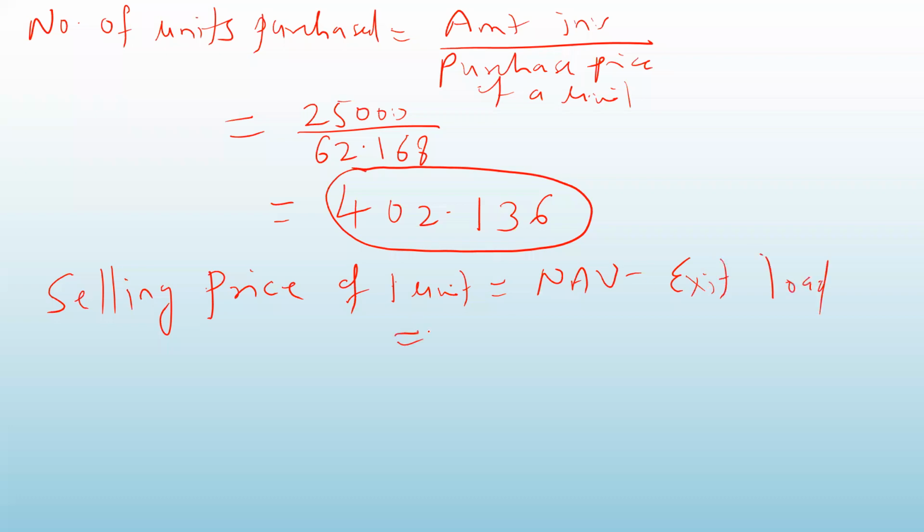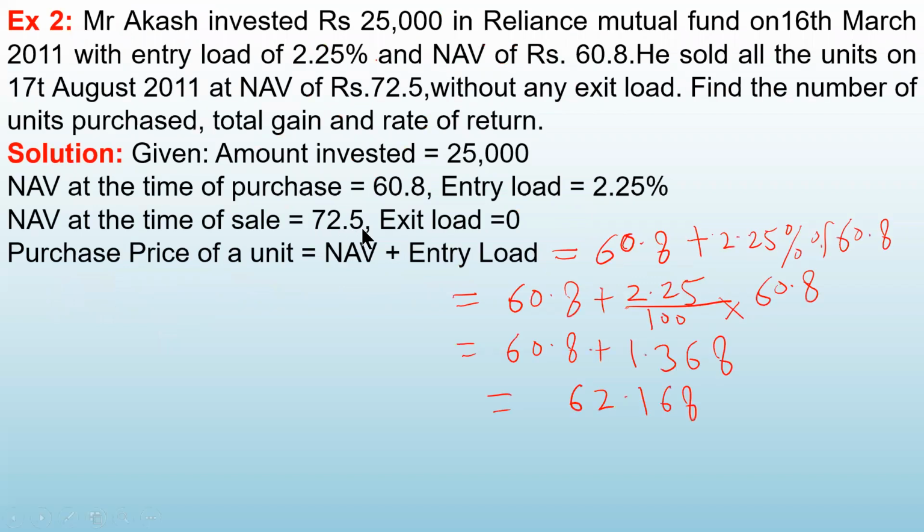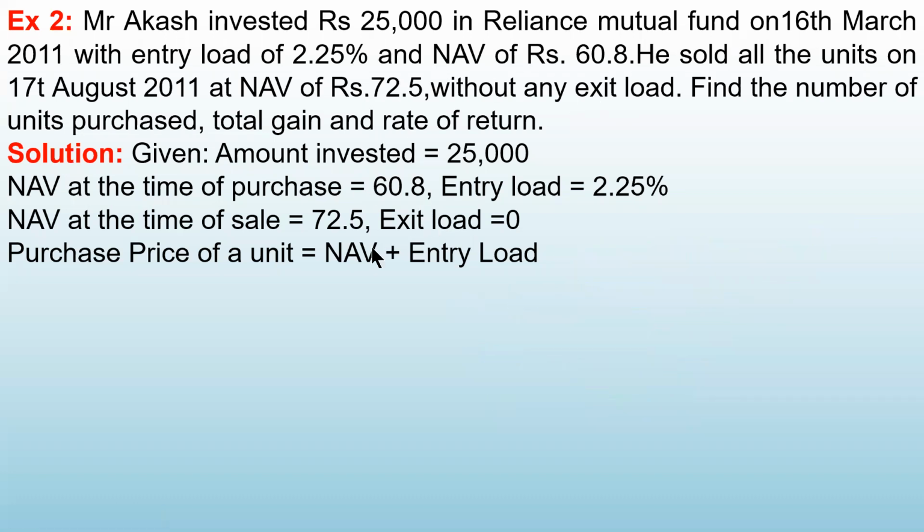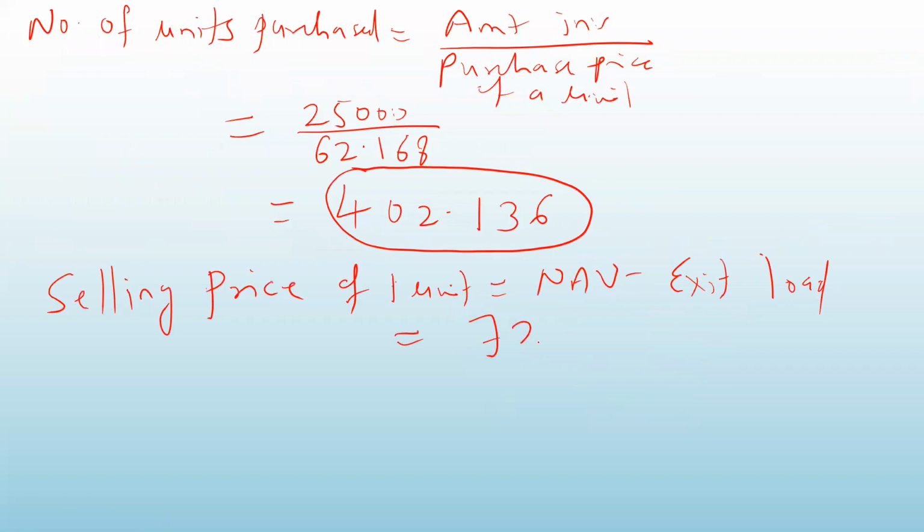What is the NAV at the time of sale? It was 72.5. He sold the units at NAV of 72.5, and exit load is 0. So 72.5 minus 0, the selling price is 72.5.